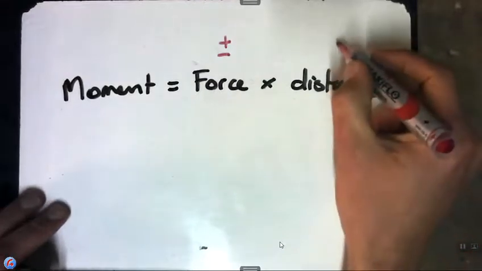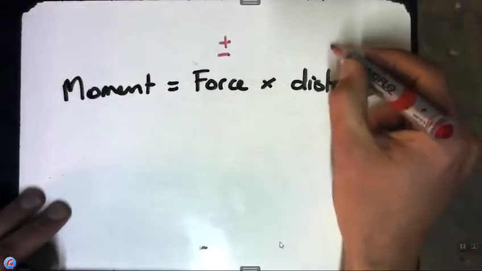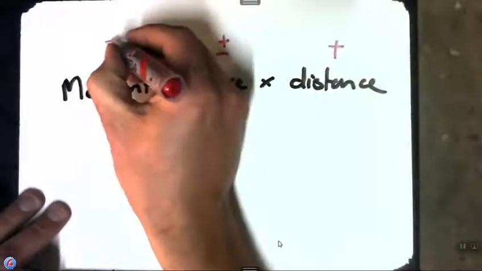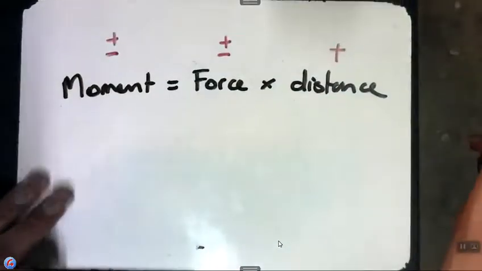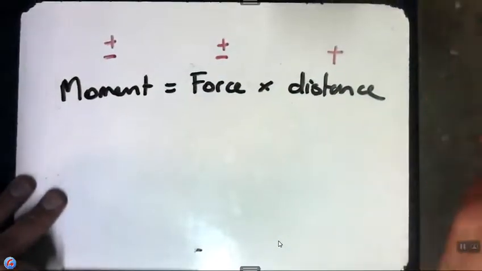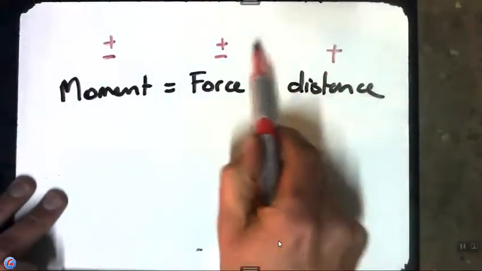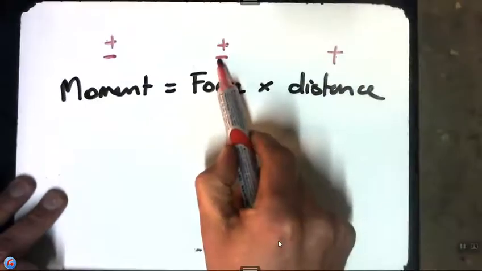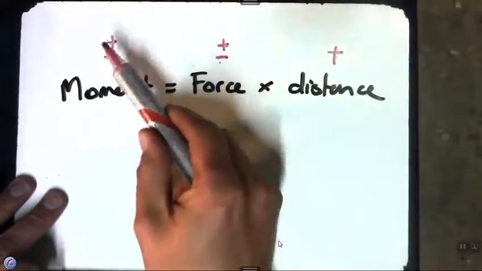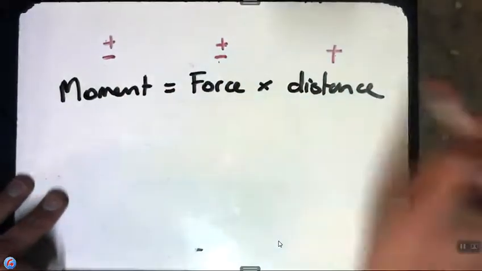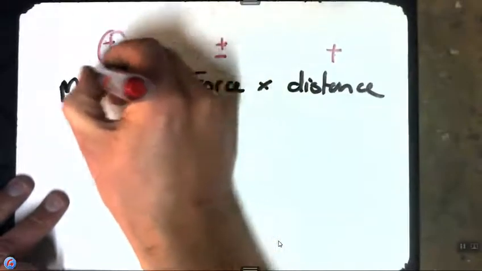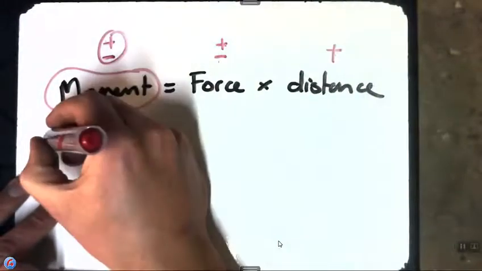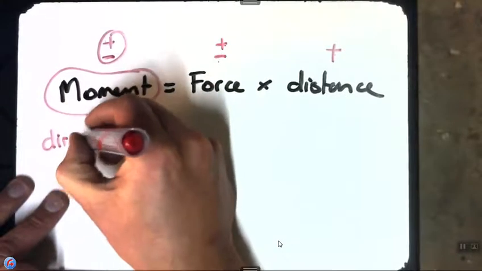Distance here is only a scalar, meaning that moment will be a vector. And how do we calculate that? A positive times a positive becomes positive. Positive times a negative becomes a negative. So moments can be positive or negative, and we know that moments will have a direction also.